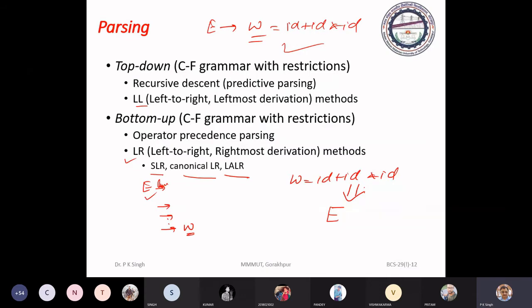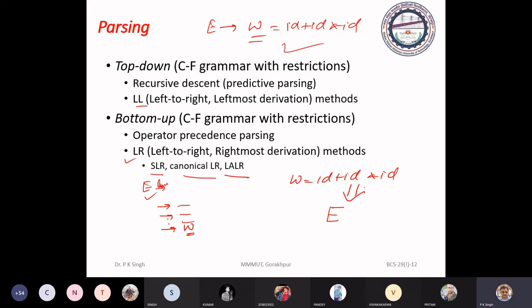We just identify the match of the substring. These are the various sentential forms. From any of the sentential forms, matching one of the right sides of the productions of the grammar, we replace it by its left side to get the previous right sentential form of that string.